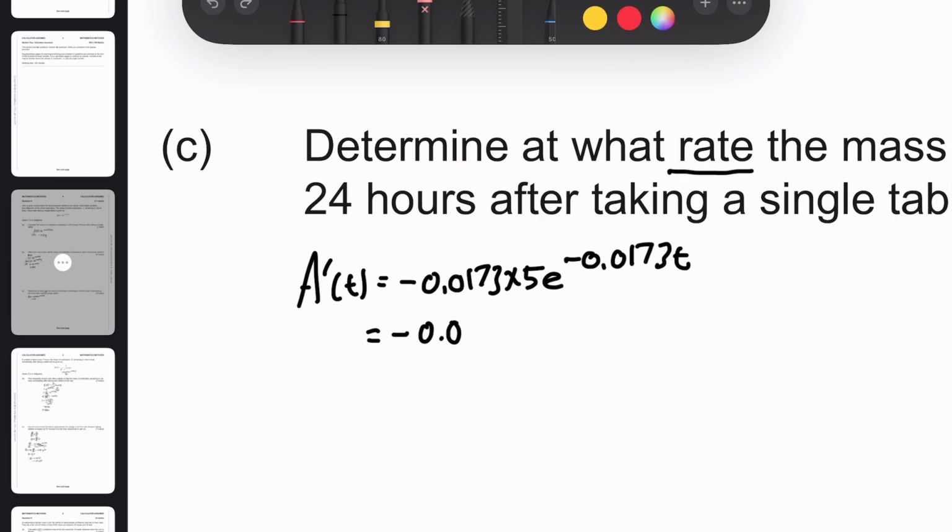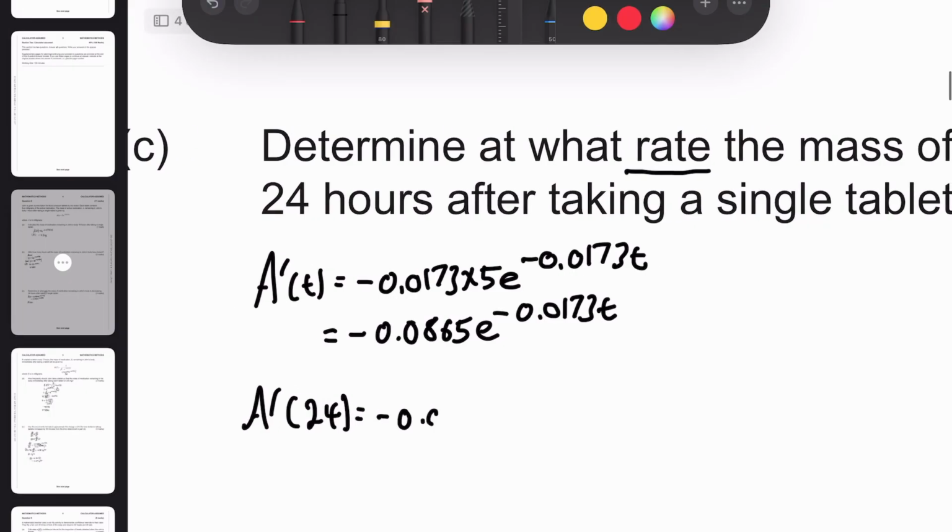Sorry, no, 0.865, I think. Negative 0.0173t. Let's see if I'm right. 5 times 0.0173. Yep, okay. Then all we have to do is plug this into our calculator for 24 hours.